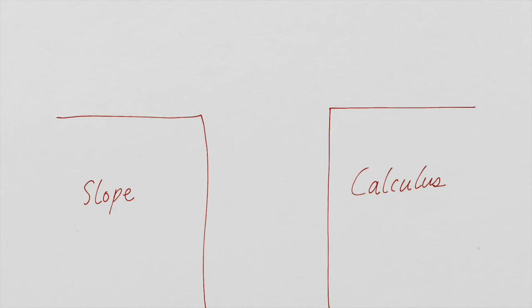This is a little thing here. We've got slope over here on this side, and we've got calculus over here on this side. And they're two separate things. And the difference quotient is the bridge from slope, hang on, I can draw this. I'm very good at drawing.